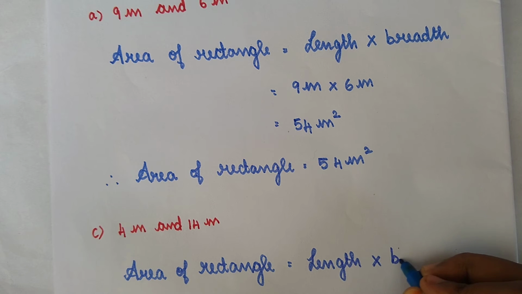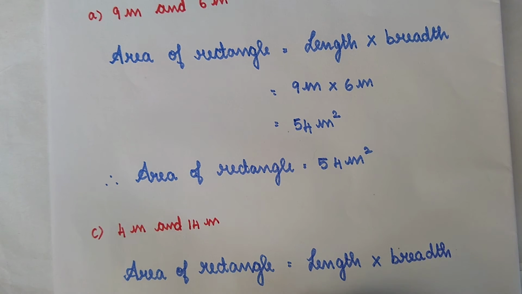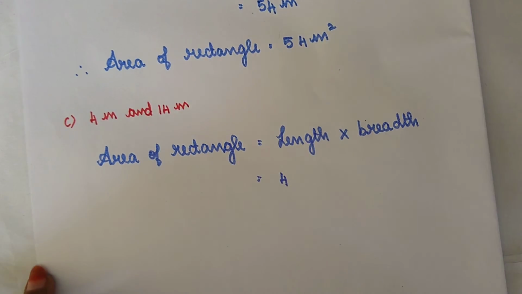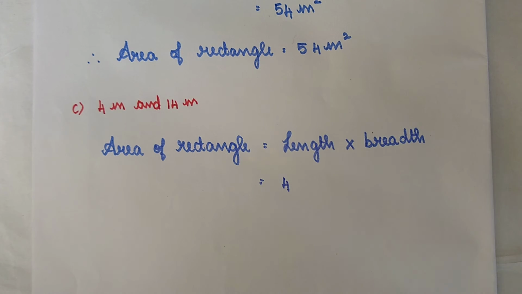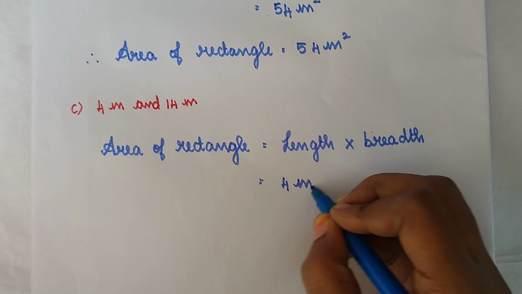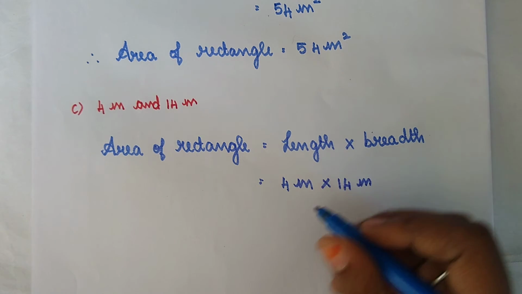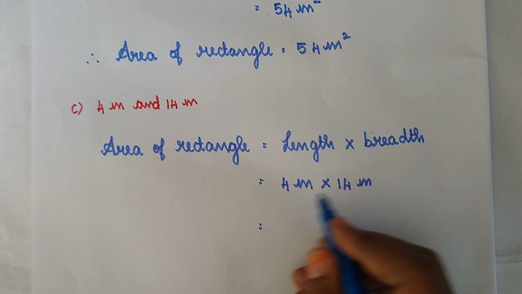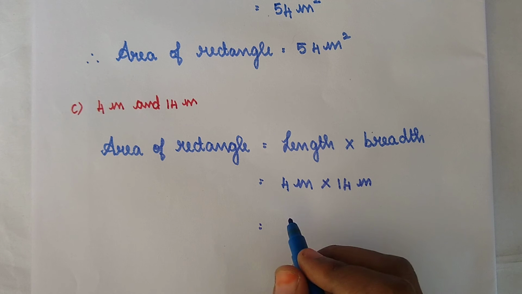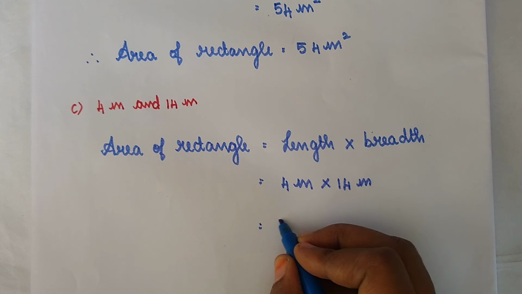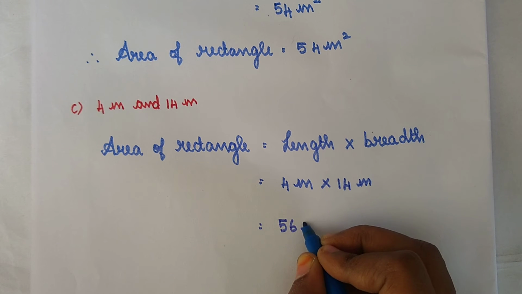Length is 4 meter and breadth is 14 meter. So 4 into 14, we get the answer 56.